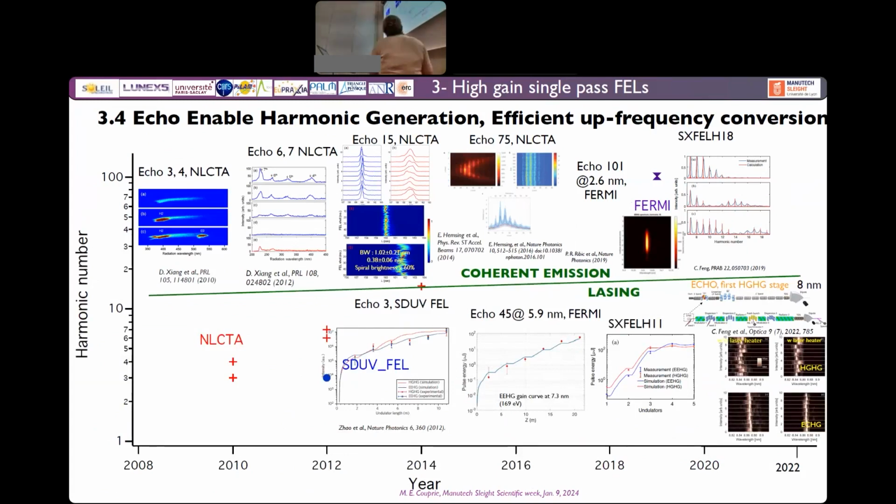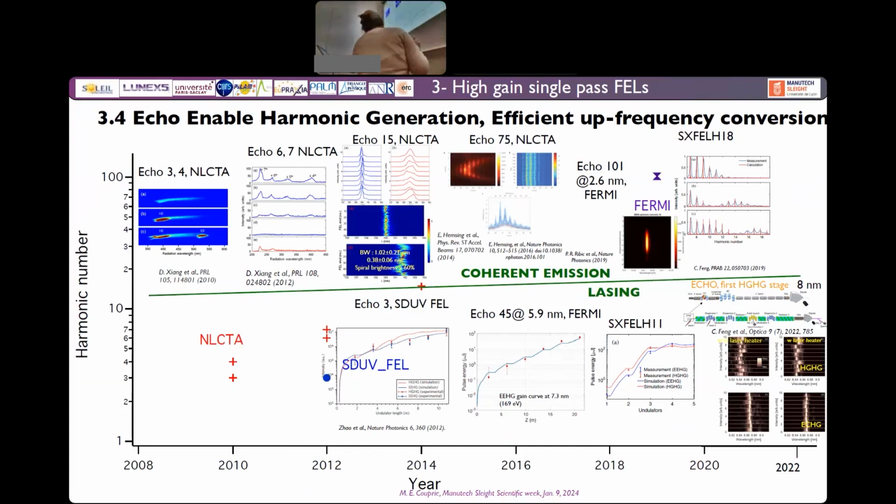Then at the Fermi installation, a user facility where the electron beam has been operated to be stable, the machine was modified for some period of time to be able to accommodate echo. And you see here that echo 100 was observed at Fermi, and echo was very stable for coherent harmonic generation. And then even for lasing, there were results at NLCTA in Shanghai. You see here the power growth.